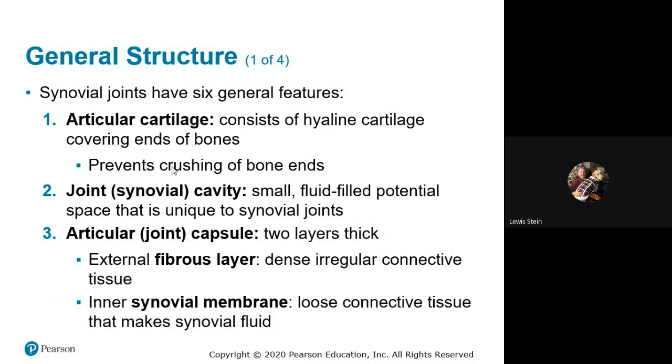But interestingly enough, when we look at these bony surfaces, like the head of a femur, here's a neck, here's a head, like that, this is covered by a very, very thin layer of material that's articulated.